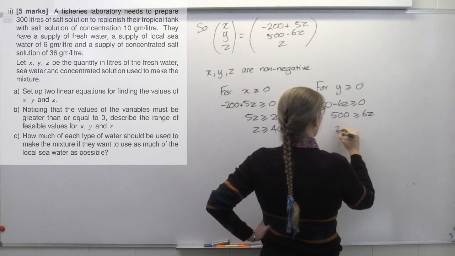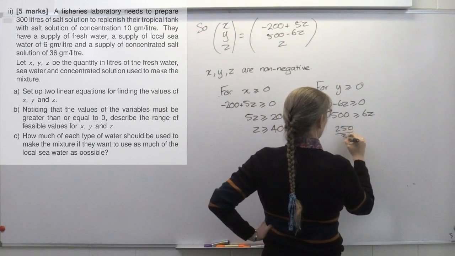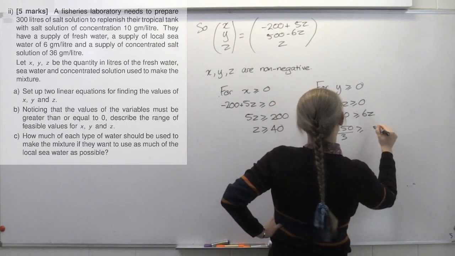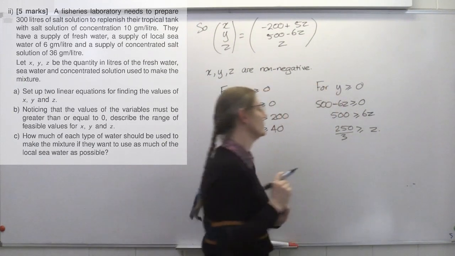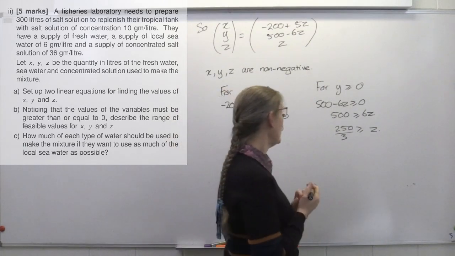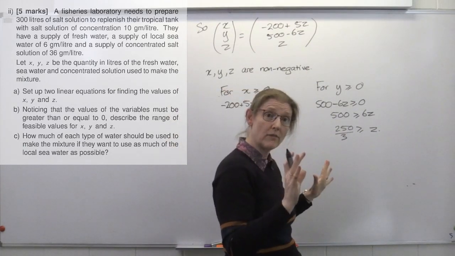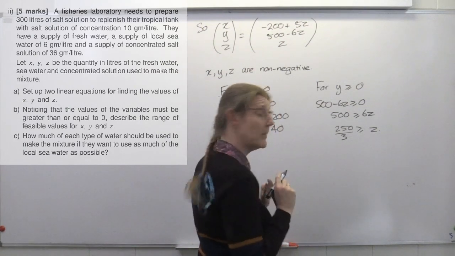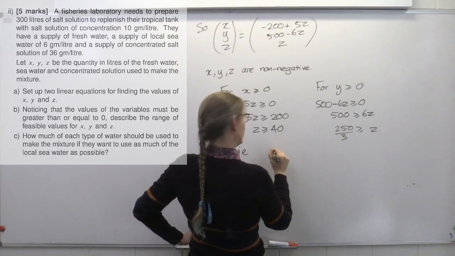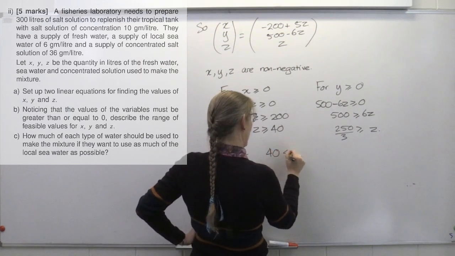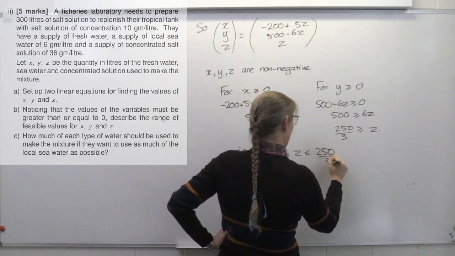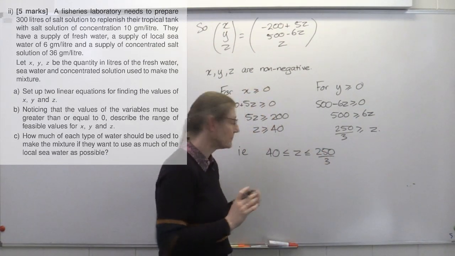We're going to have 250 over 3 is greater than or equal to z. 500 on 6, 250 on 3. So now we've got a range of values for z. So z is between 40 and 250 on 3, putting these things together.